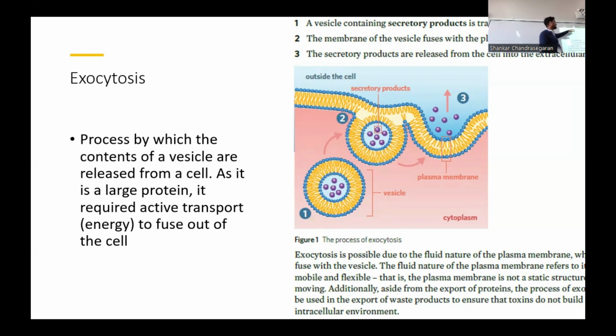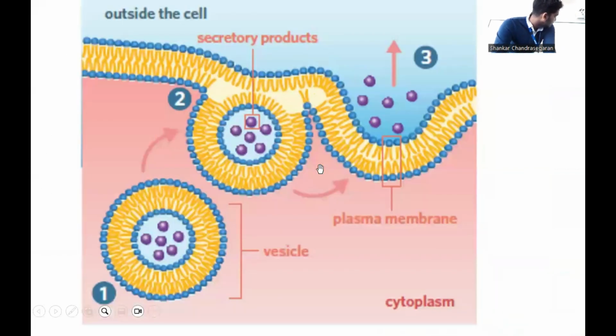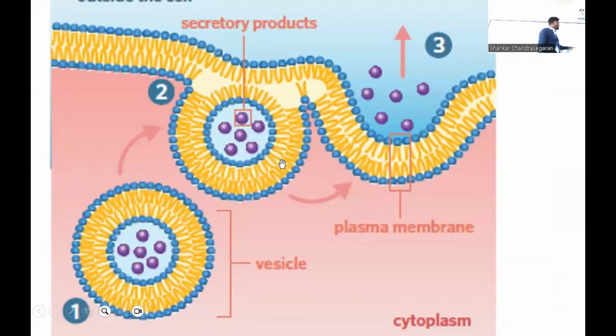So a vesicle containing the products will be transported to the plasma membrane. The membrane of the vesicle and the plasma membrane will fuse together and dissolve into each other. Once it does that, it will release all the products out. So you can see that in this picture here, right? The vesicle fuses with the plasma membrane, and you can see that the structure of the vesicle is identical to the structure of the plasma membrane.